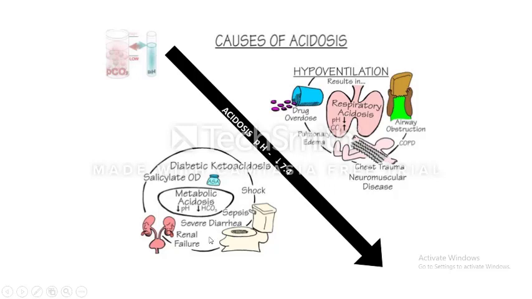Diarrhea can be the reason. Renal failure can be a reason, or salicylate overdose. Persons taking salicylates, its overdose can also lead to metabolic acidosis, where the pH becomes low and carbon dioxide concentration becomes high.